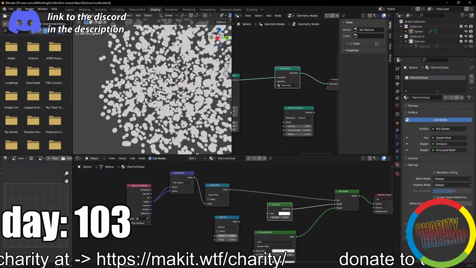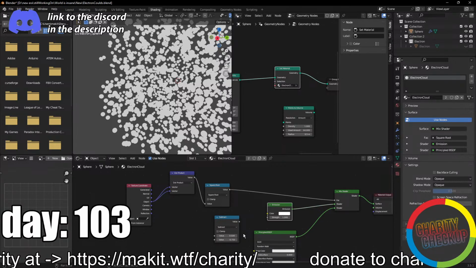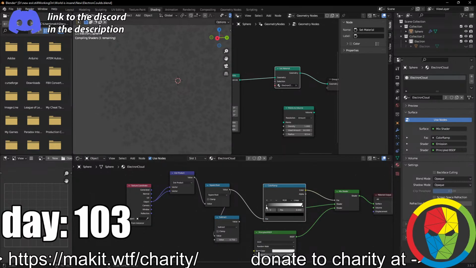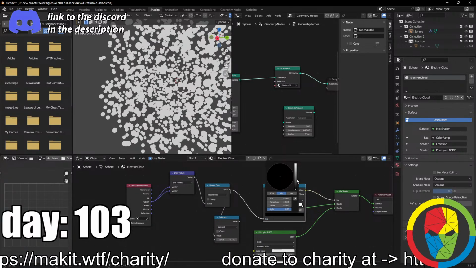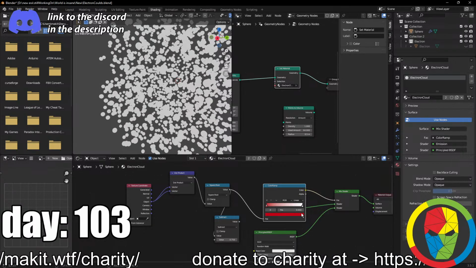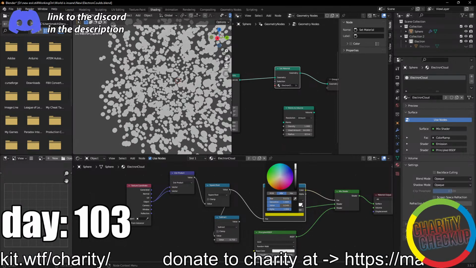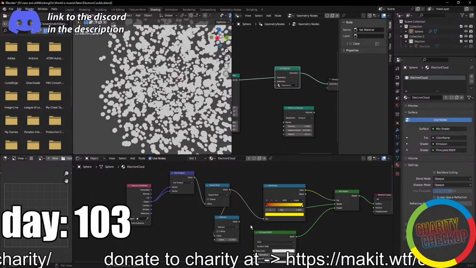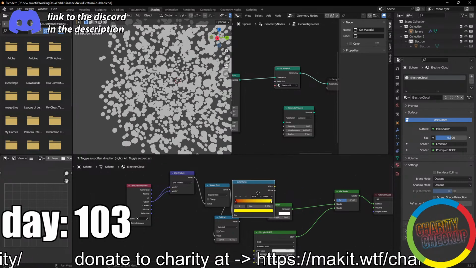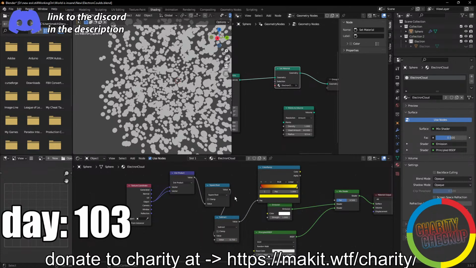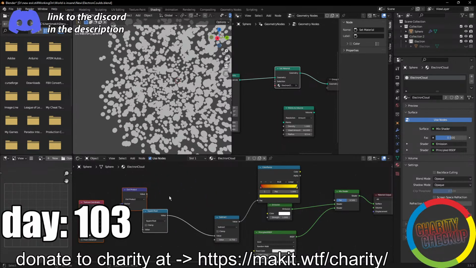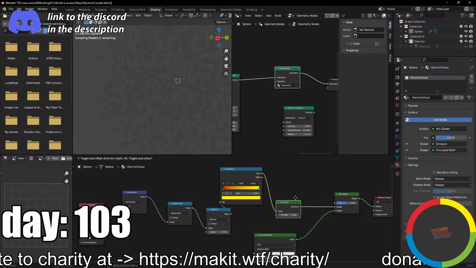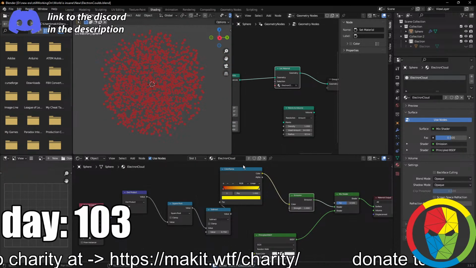Okay, in the example, it looked like this. Color ramp. Let's do it from red to yellow. That's alright, great.